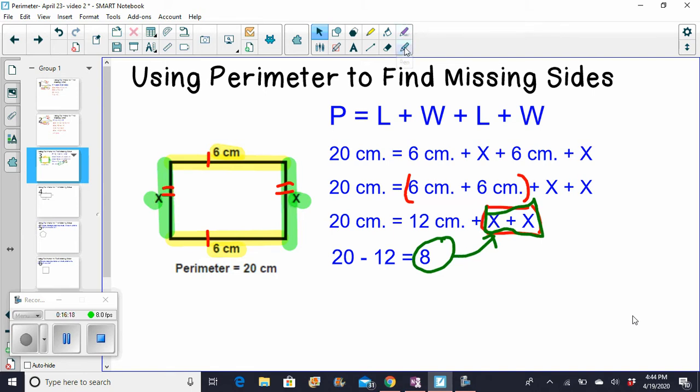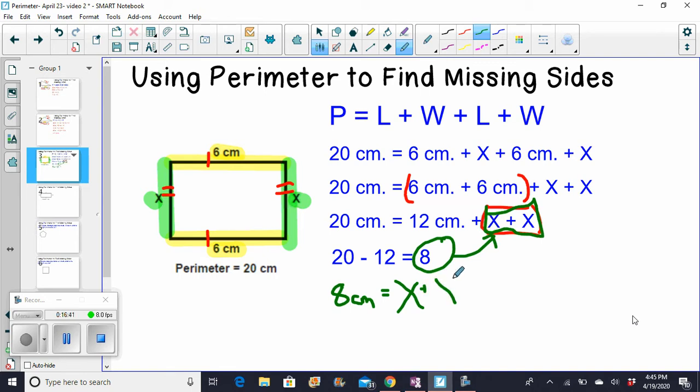So now, I know it's a lot of steps, but we're almost done here. Now, I've got to split that 8 centimeters. It's centimeters. We have to remember that. That 8 centimeters needs to be split between the two x's. X plus x equals 8. All right?